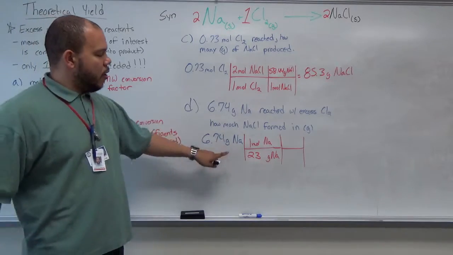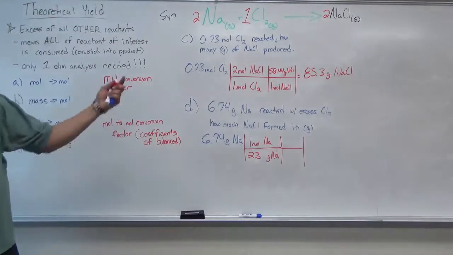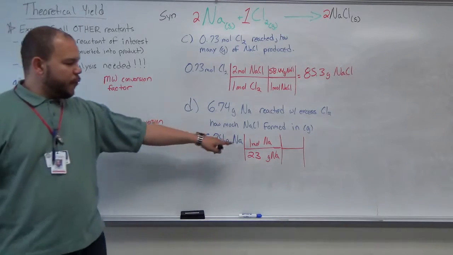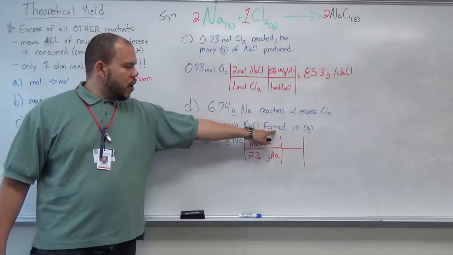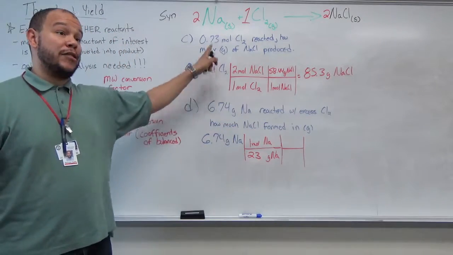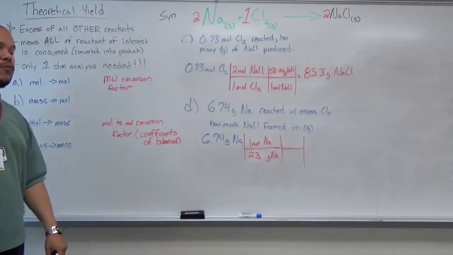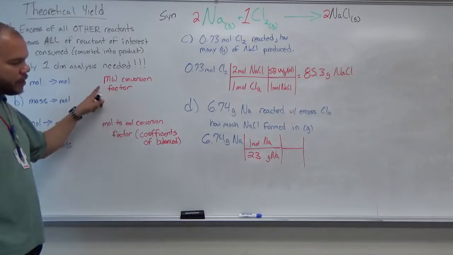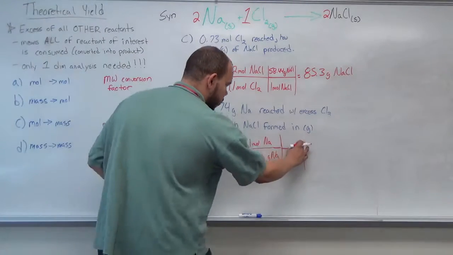All right, so now we have moles of sodium. We cannot go from moles of sodium to what we are being asked for. You can't go from moles of one reactant to the mass of a product. What you must go through first is moles. So now we need to use the mole-to-mole conversion factor.